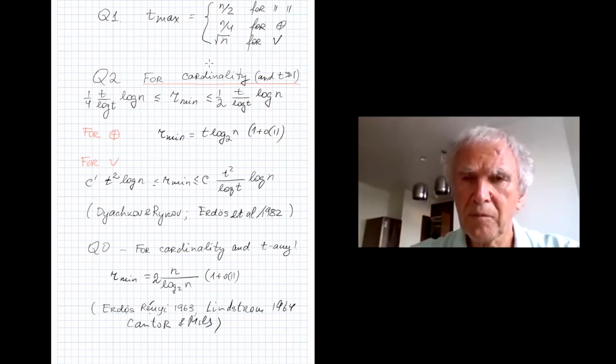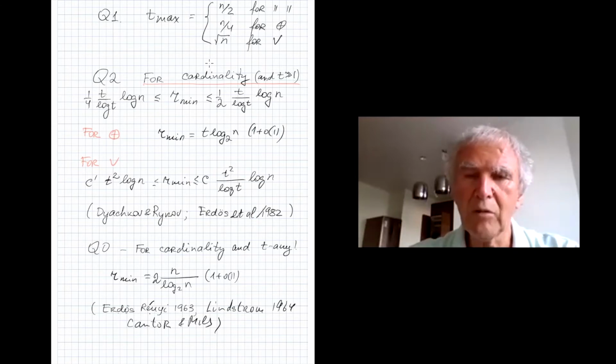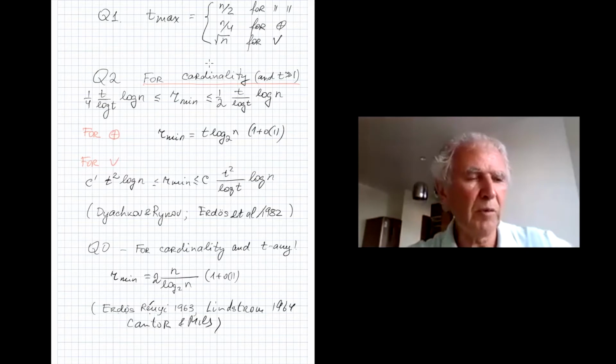For full information, the size is half of n. For addition modulo 2, even or odd, it's n divided by 4. And for yes and no, intersection empty or not, surprisingly, square root of n. This unexpected result was first proved by Basaliga, who used it but never published it.